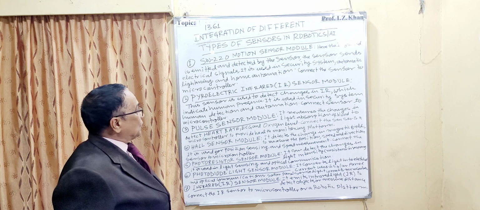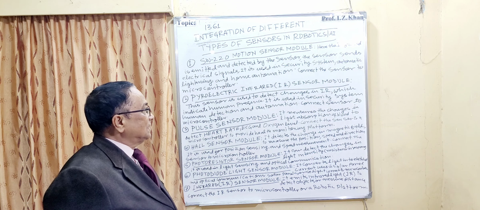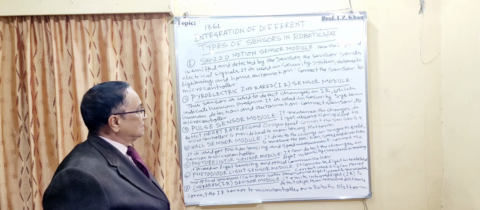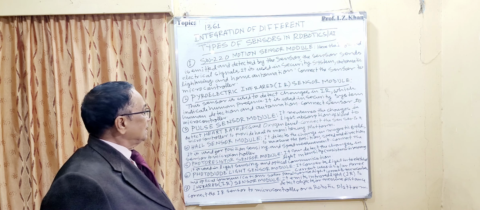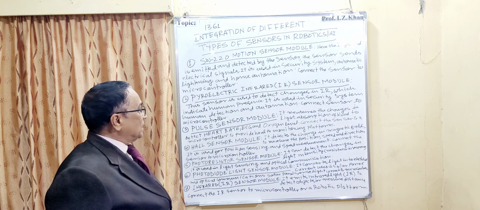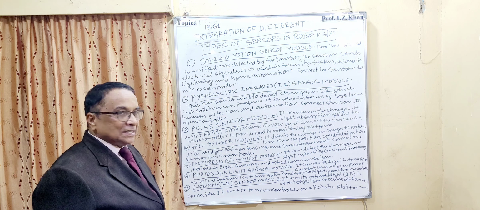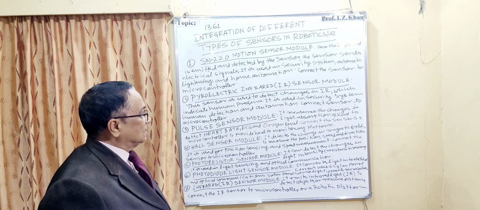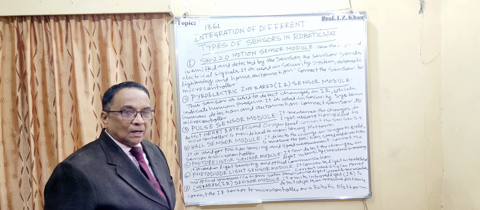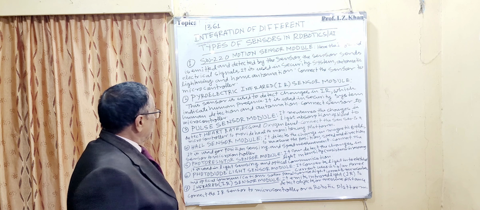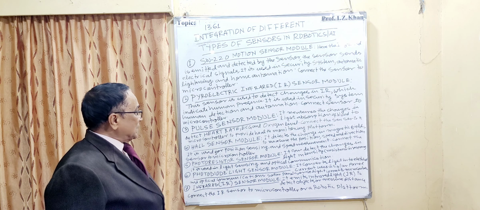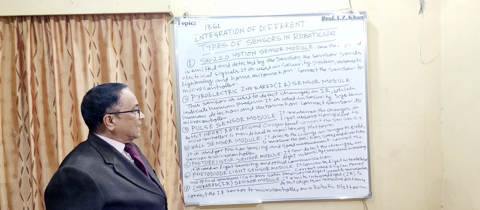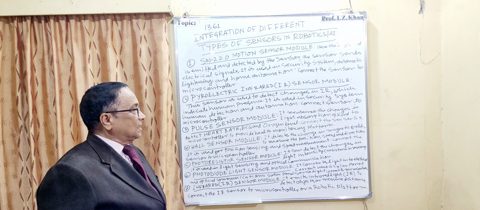Number 2, pyroelectric infrared sensor module. This sensor is used to detect changes in IR, which indicate human presence. It is used in security systems, human detection, and automation. Connect the sensor to the microcontroller. Number 3, pulse sensor module. It measures the changes in the light absorption of the blood.